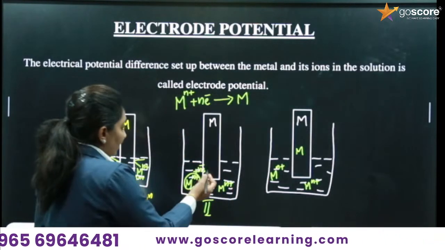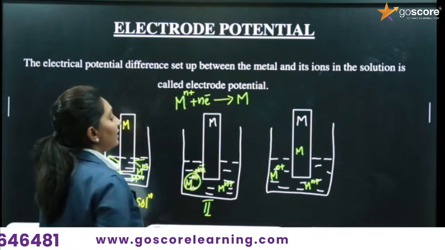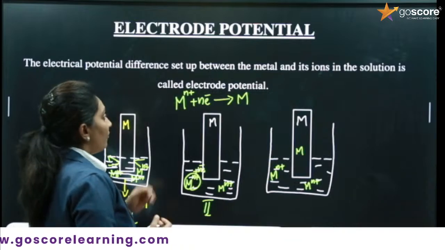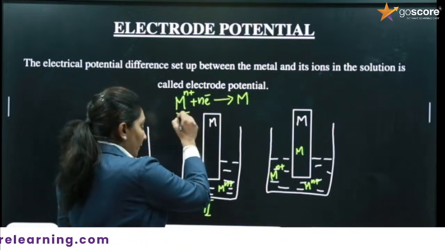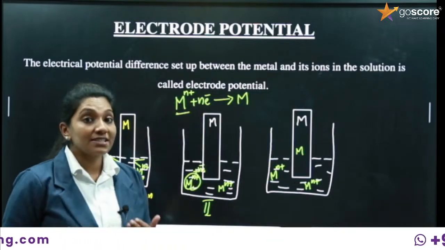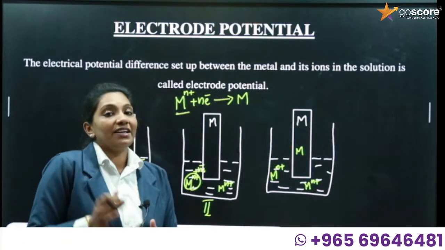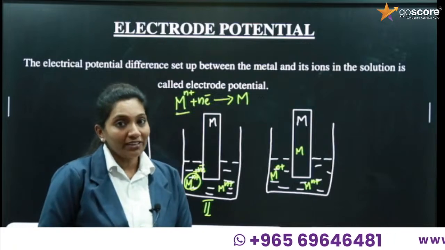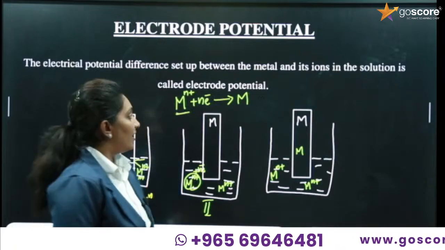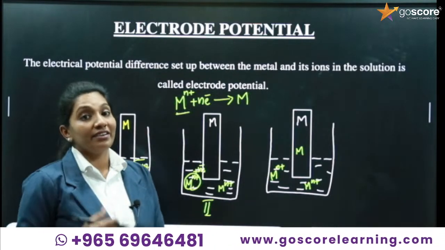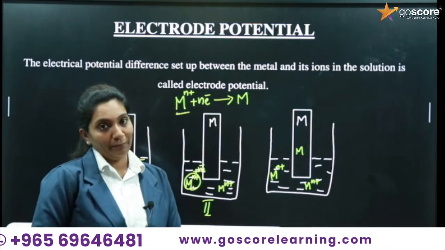So the ions get the electrons from the metal rod and convert to M. Accepting electrons means these metal ions are undergoing a reduction process. So in the second case, the metal ions are reduced to M.